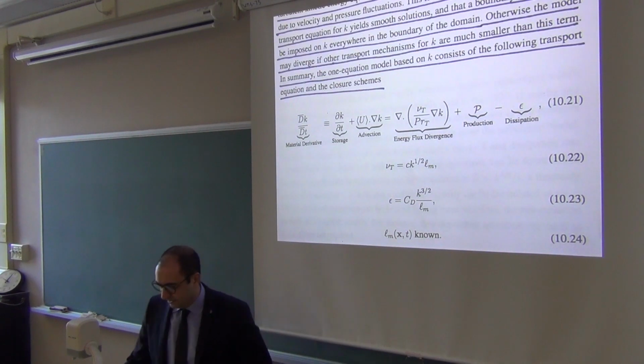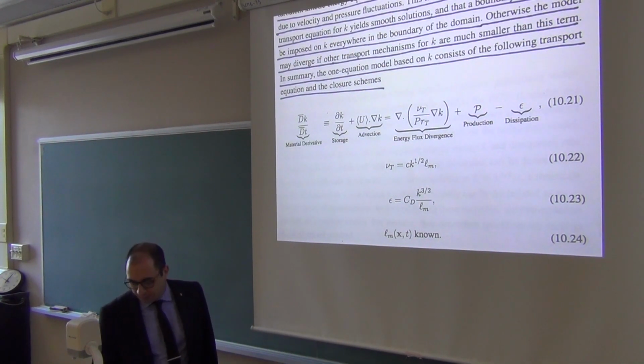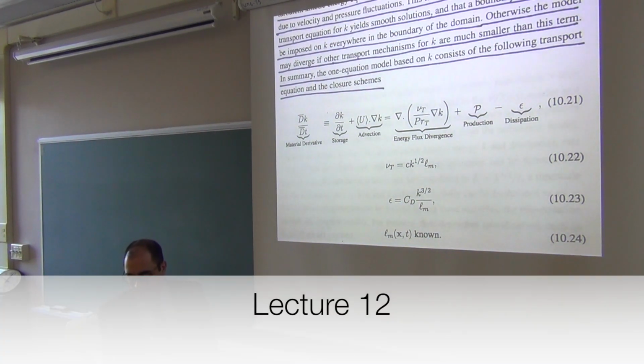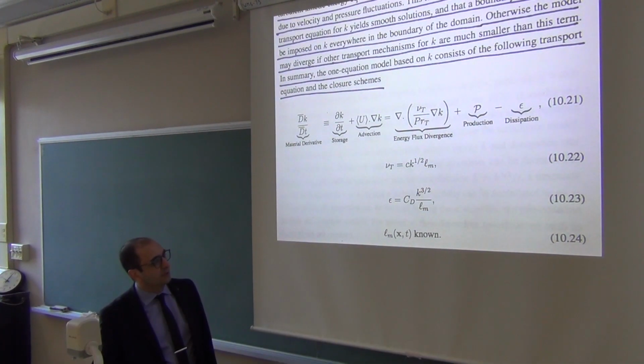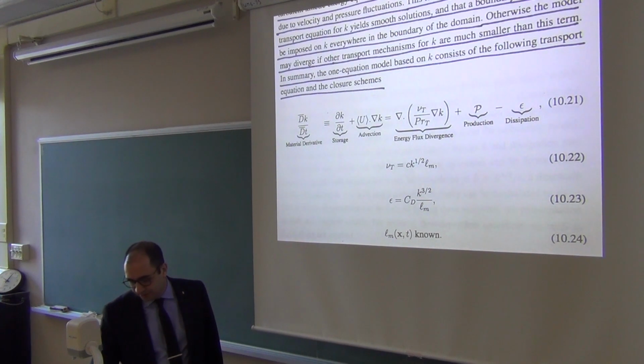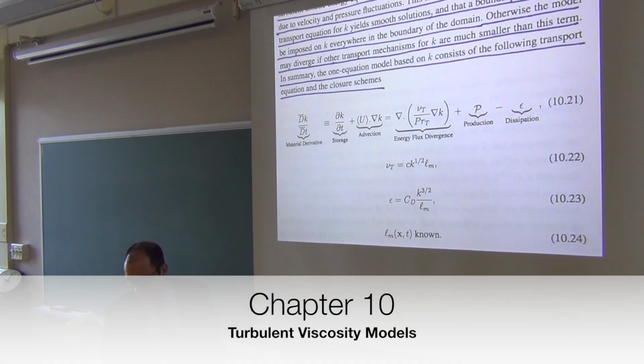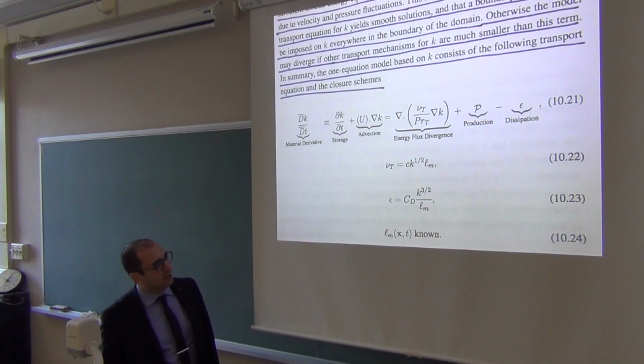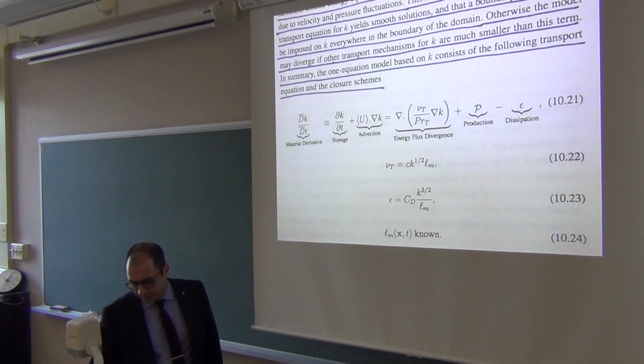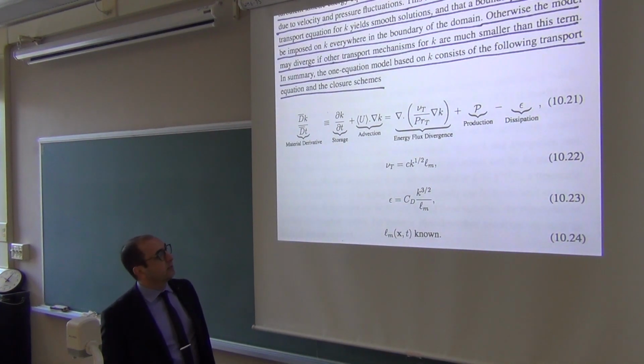Where we left off last time was here, where we talked about the turbulent kinetic energy model, the so-called K model, with the specification of mixing length Ln. And we showed you the closed form of the equations required to put this model together.